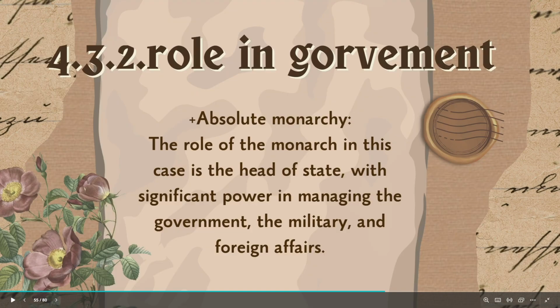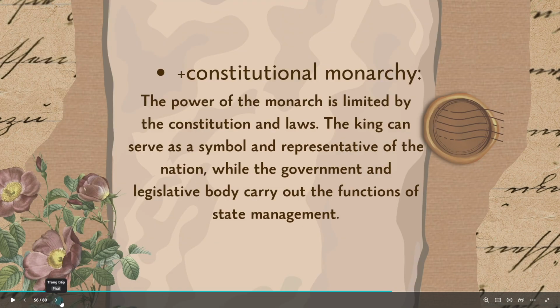In an absolute monarchy, the role of the monarch is the head of state with significant power in managing the government, the military, and foreign affairs. A different form is the constitutional monarchy.